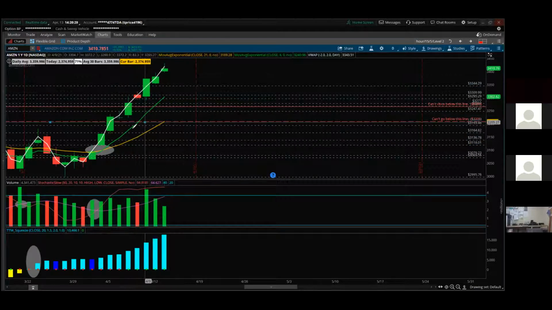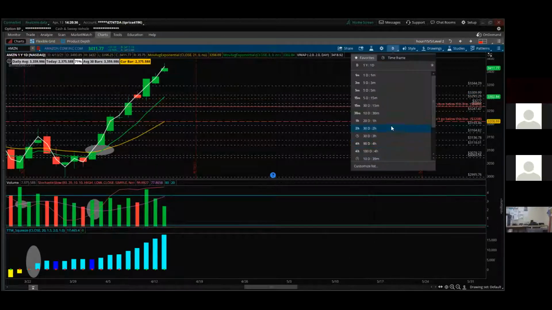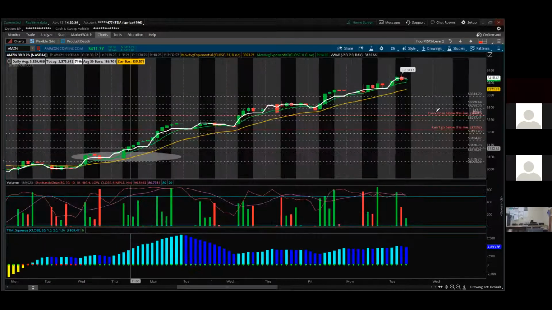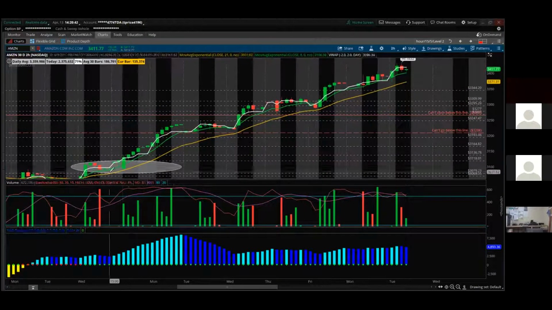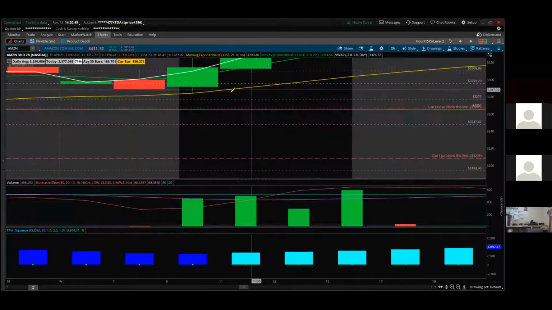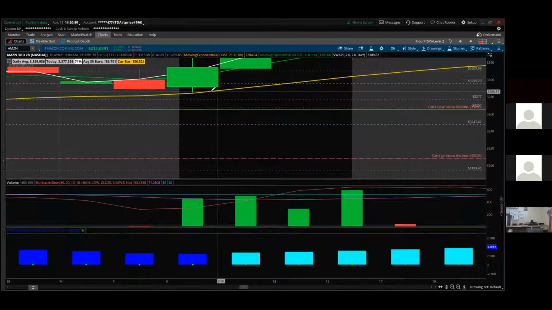And if you were still balls to the wall and held this, you would have been super rewarded, because there was really no sell signal. It just pretty much rode the EMAs the entire way up. It respected the 8 and the 21 the entire way up. This was the only time it had a teeny bit of issues underneath the 8, but it respected the 21 perfectly fine, right?